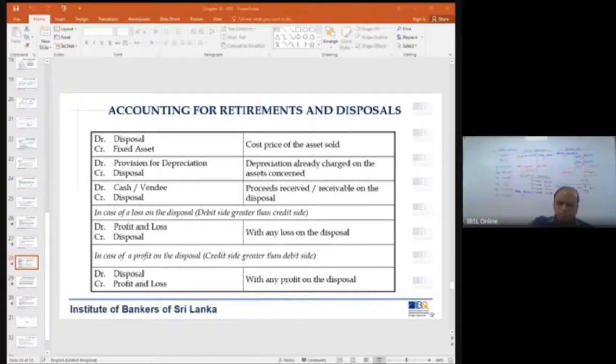But in general we don't follow this practice, because wherever there is a reduction in value, that will be taken care of by the application of the revaluation model. The subsequent measurement methods are the cost model and the revaluation model. If you apply the revaluation model, that will be taken care of. But any other asset that is not subject to revaluation will be looked after by way of depreciation.